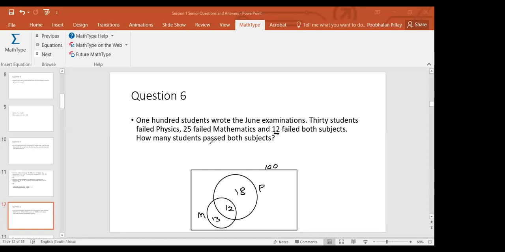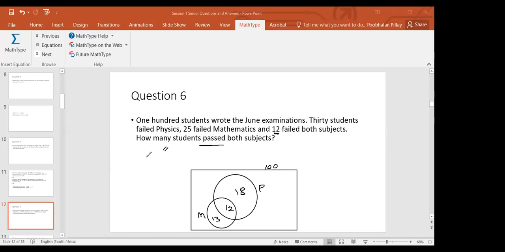That's an interesting question. If they passed both subjects, what does this mean? Let's translate this into failing, because this is all about how many people failed. If they passed both subjects, what does that mean as far as physics and maths are concerned?